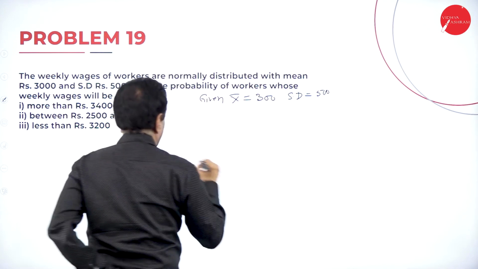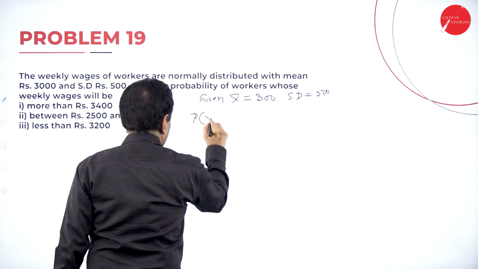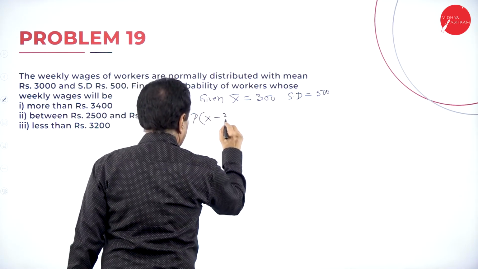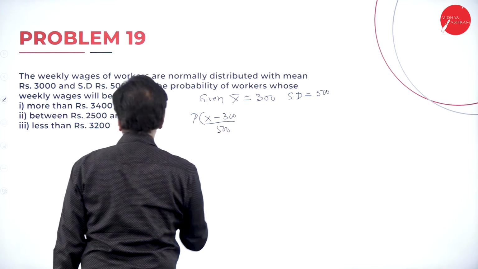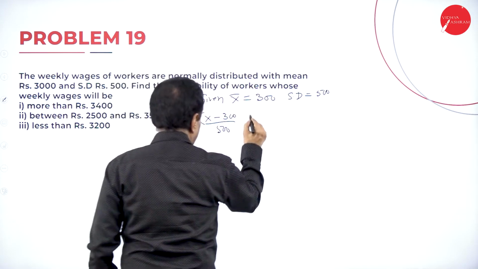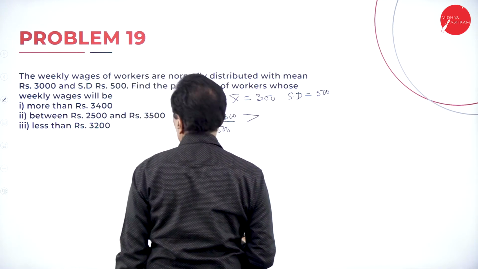So apply: probability of X minus 3,000 divided by 500, it is more than. What's your X value?